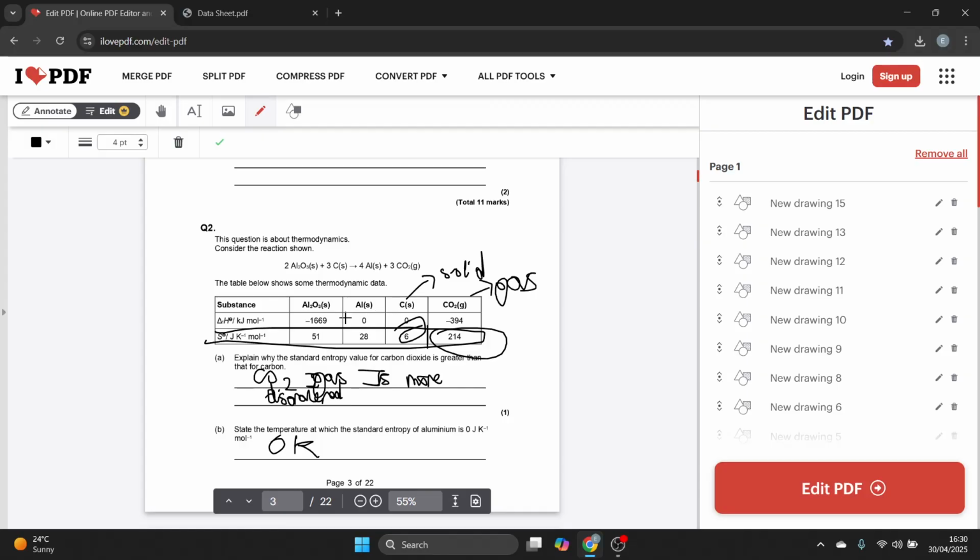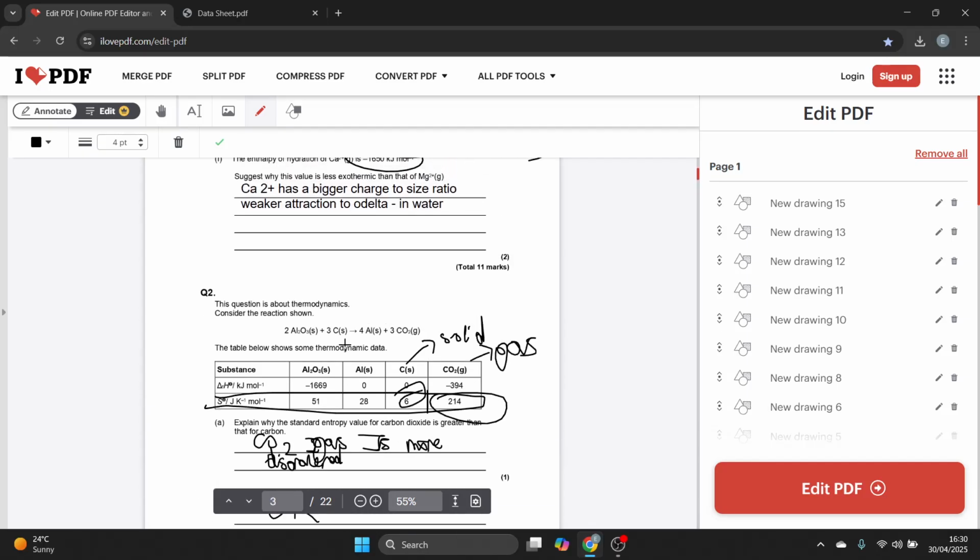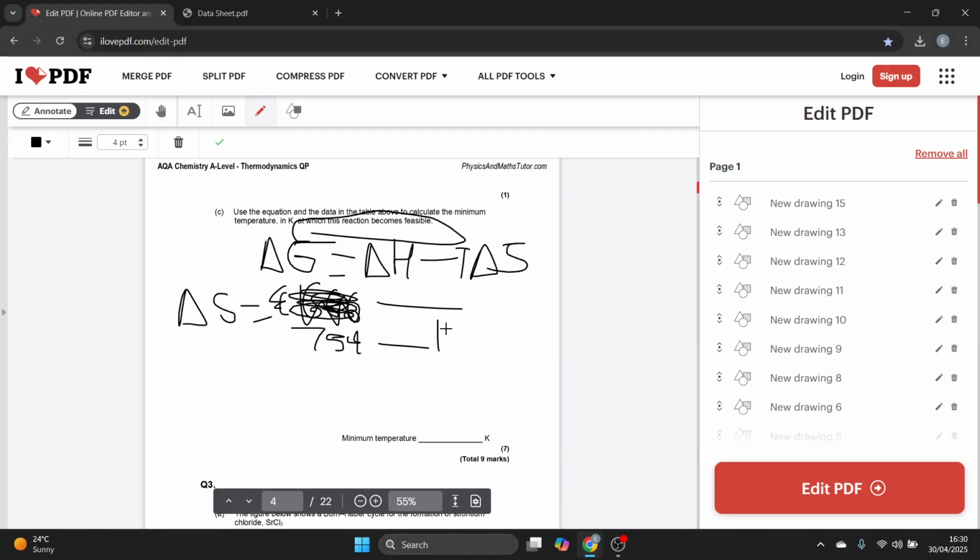Yeah, I did that wrong. That should be 754. 754 minus entropy of reactants, 2 times 51 plus 3 times 6. Yep, 120. 754 minus 120 is 634.